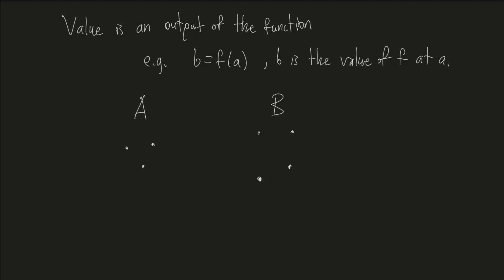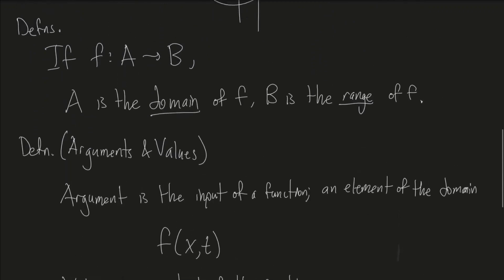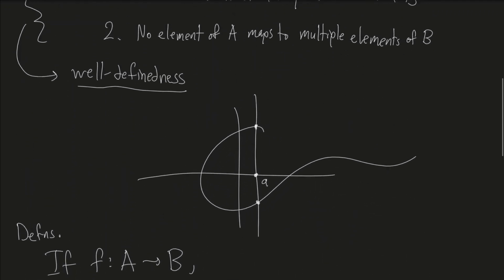And you might have noticed that in our earlier example, there was one element of B that was not mapped to, right? If you think about it from an accounting perspective, you can make a very simple natural argument that there's no way that we can map to all the elements of B just from A without violating this well-definedness of the function.